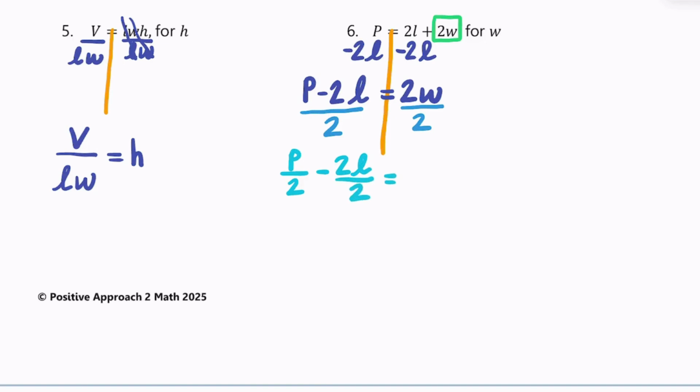That's going to equal W, and if you want to condense that a little bit more, we can leave that as P over 2. Negative 2 divided by 2 will give us negative 1, so we can write that as 1 minus 1L or just minus L, because there's that invisible 1 there, and it will equal W.